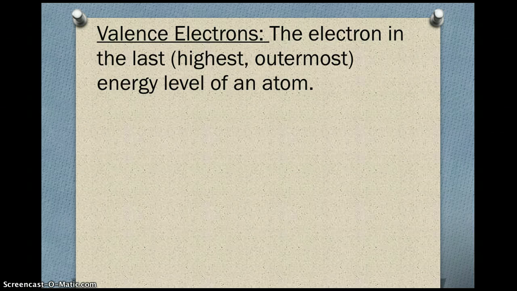Those are like your 1s's, your 2s's, and then there are the other ones that are on the outside of the nucleus. Depending on how many electrons the nucleus has, there are going to be some electrons that are much further away from the nucleus. Like a really large atom will have valence electrons that are very far from the nucleus.